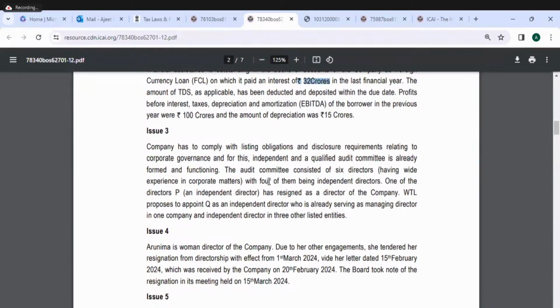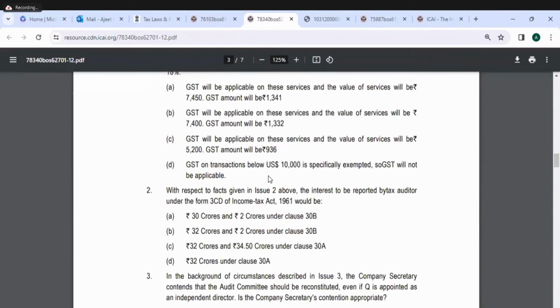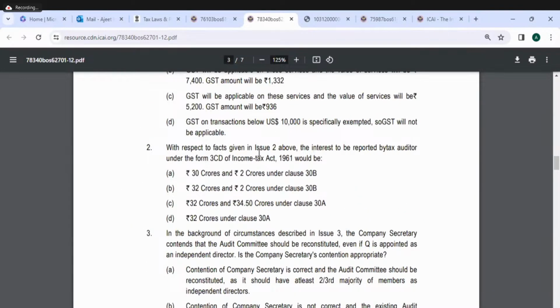Okay, Devraj, it's clear. Then we go back to the requirement of the MCQ. The MCQ says the interest to be reported by the tax auditor under form 3CD. Now we have to see what is form 3CD.